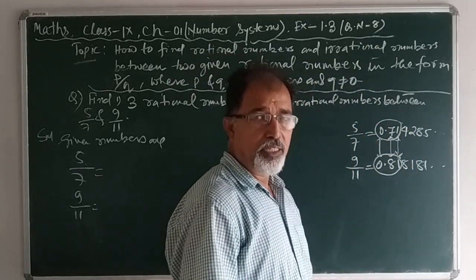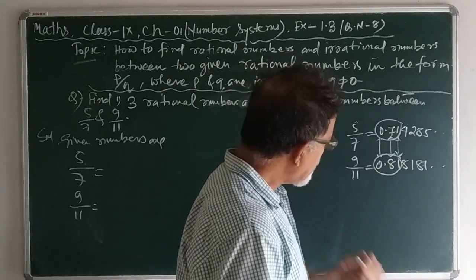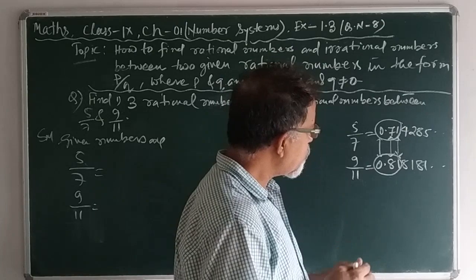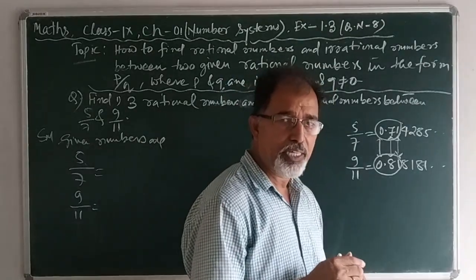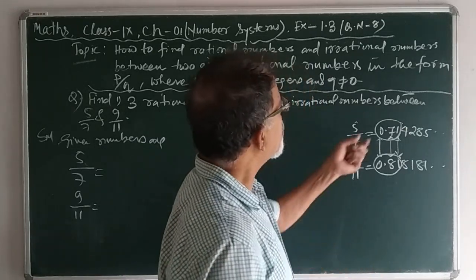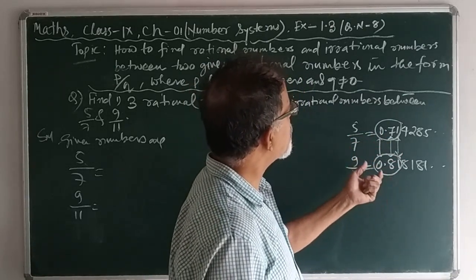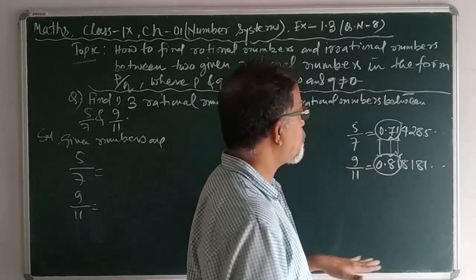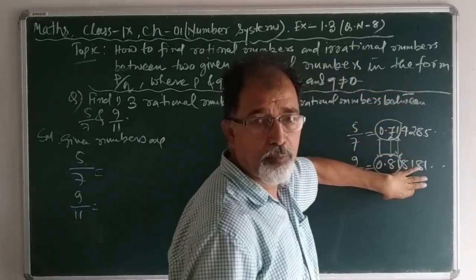9 numbers, and they are 0.72, 0.73, 0.74 up to 0.80. And we can say that 0.72 up to 0.80 lie between this number and this number.